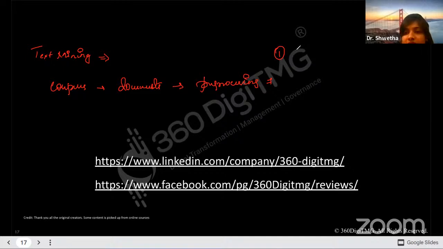First, we need to split the data into tokens. If there is a document or a sentence, we split the data into tokens whenever there is a delimiter. A delimiter can be a space or any other character. Whatever delimiter you mention, based on that, the words will be split into tokens.